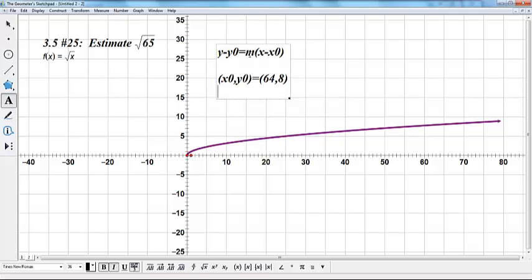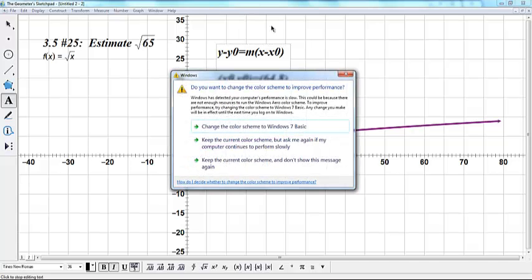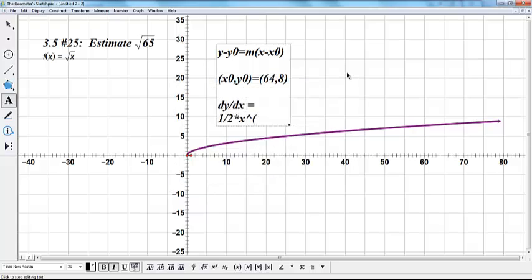So m is the slope of the tangent line when x is 64, okay? So the slope of the tangent line is also equal to the derivative. So this is x to the 1/2, right? So then dy dx is going to be equal to 1/2 times x to the negative 1/2 power.